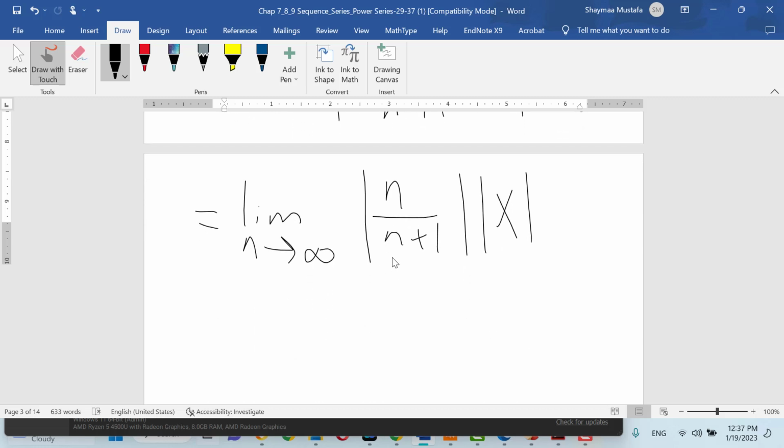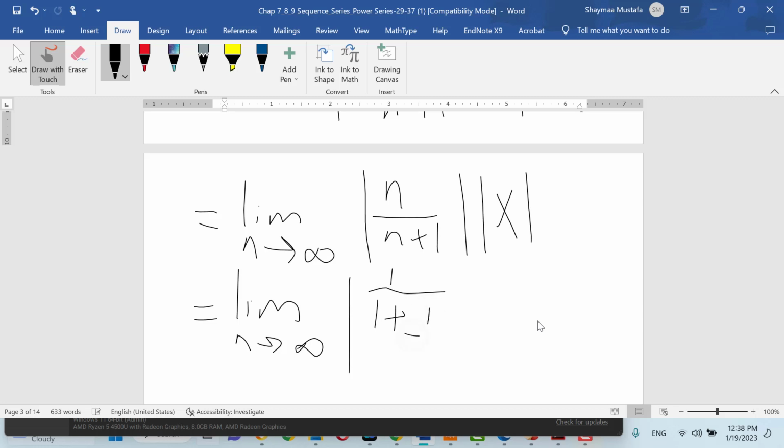Now here, the limit of n over n plus 1, direct substitution gives you infinity over infinity, so I will divide by the highest power. So this is the limit when n goes to infinity of 1 over 1 plus 1 over n, times x.